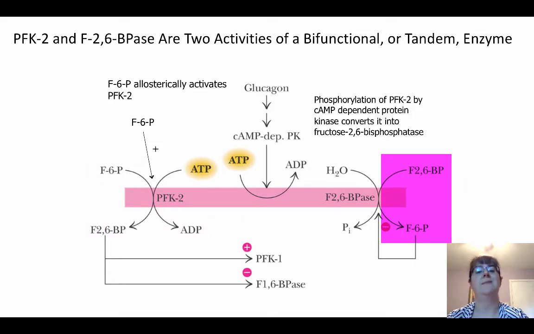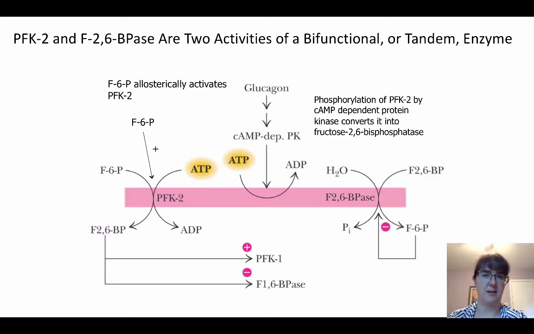The reason you have this giant pink bar in the middle is that this is one enzyme that will do both functions. So there's one enzyme that has both a kinase activity and a phosphatase activity.